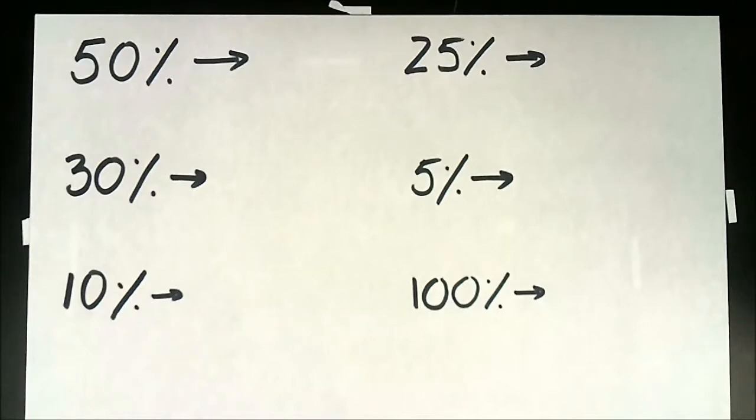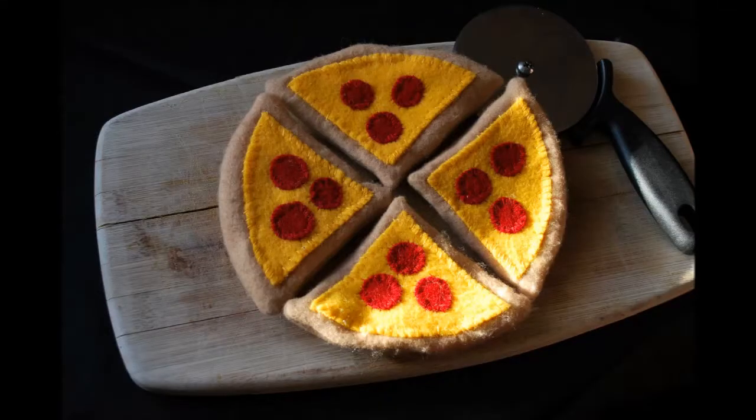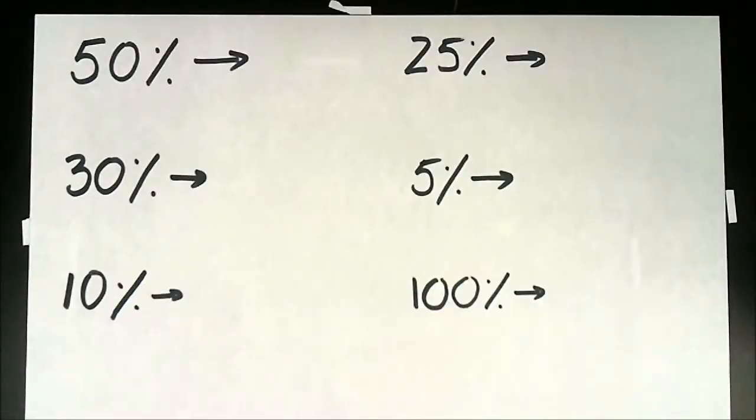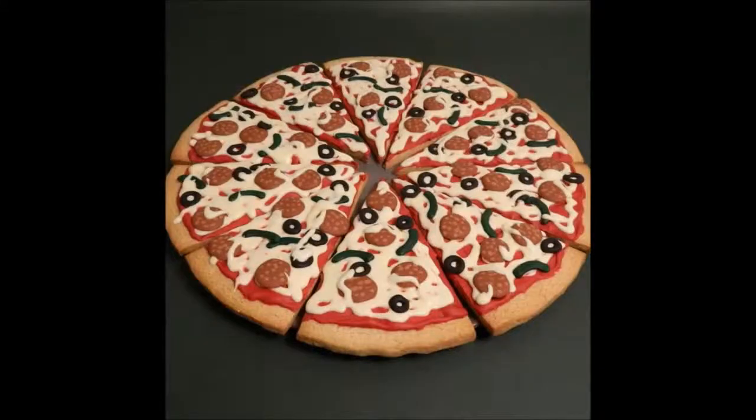And you can cut the pizza into 4 slices, let's say, and you're going to have 4 equal parts of that pizza. But you can cut the pizza into smaller slices, and the smaller the slices are, the less of a part of that pizza each slice becomes, and the percentage shrinks.